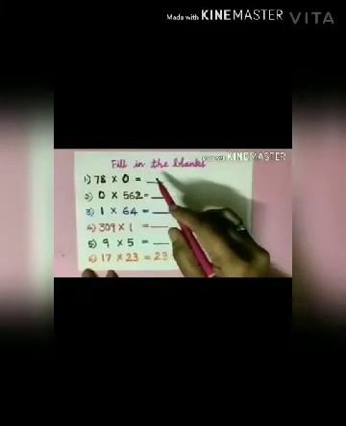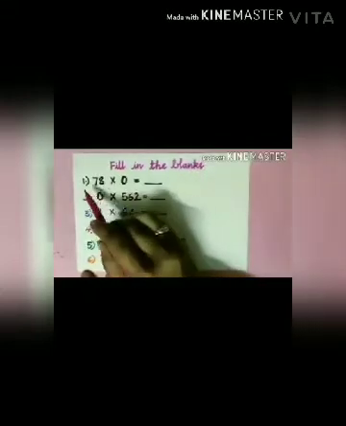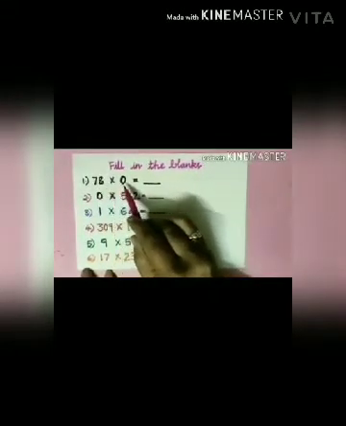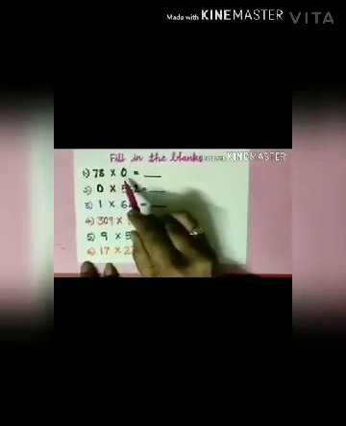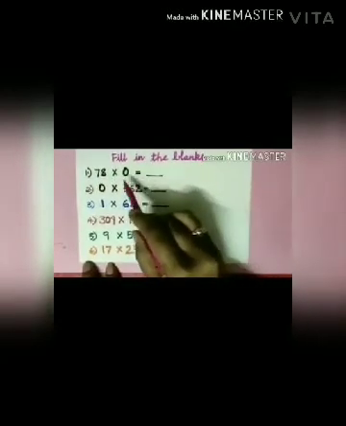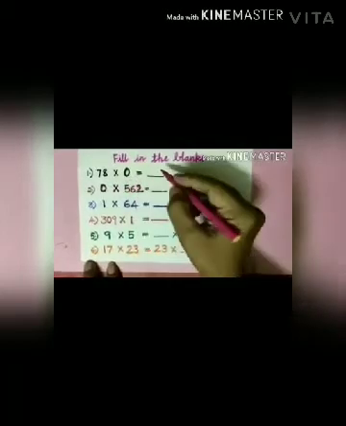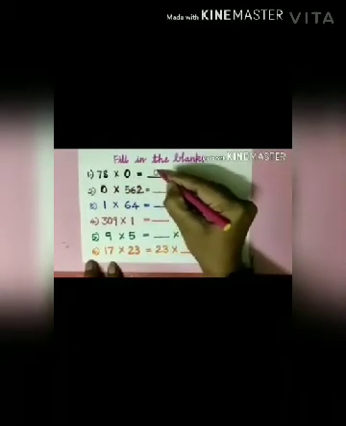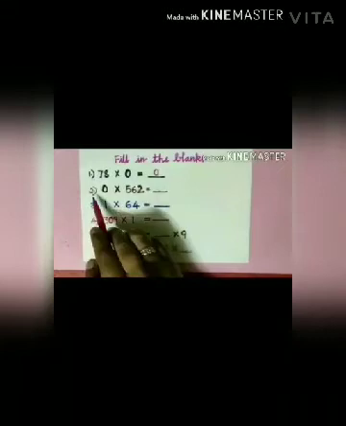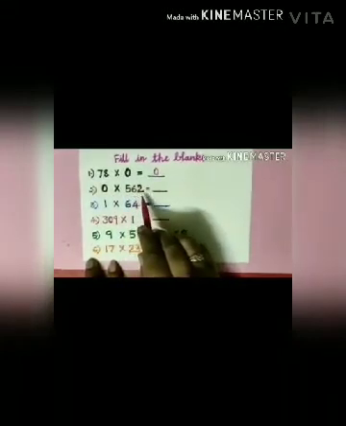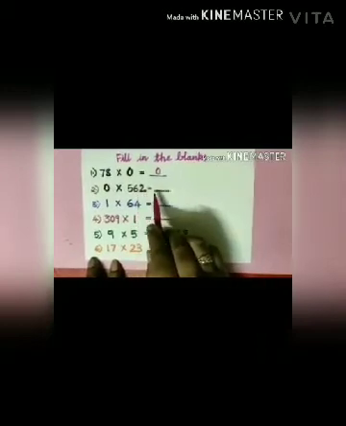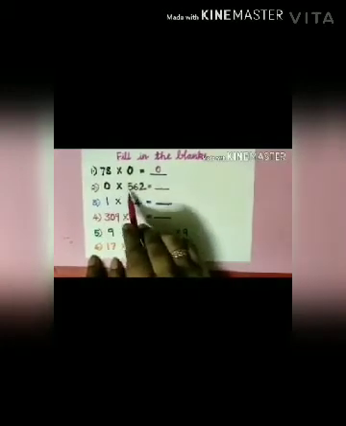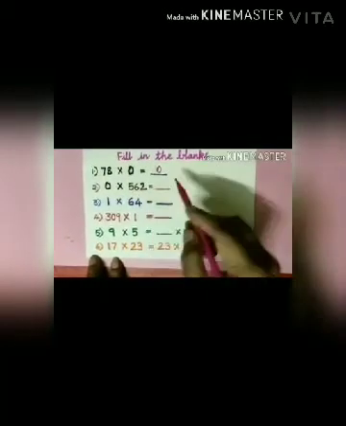Now let us see a few more blanks using the properties. First one, 78 into 0 is equal to dash. Any number multiplied by 0, the product is 0. So 78 into 0 is equal to 0. Number 2, 0 into 562 is equal to dash. 0 multiplied by any number, the product is 0. So 0 into 562 is equal to 0.